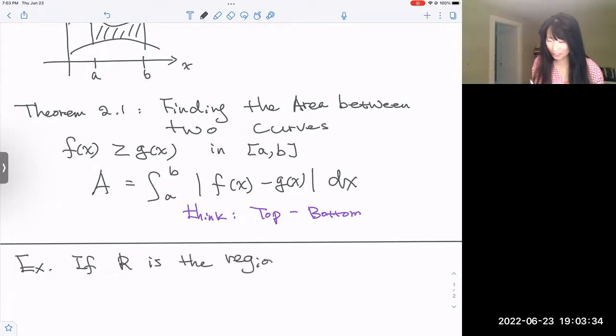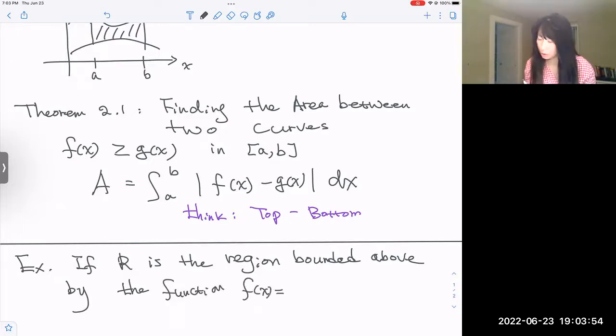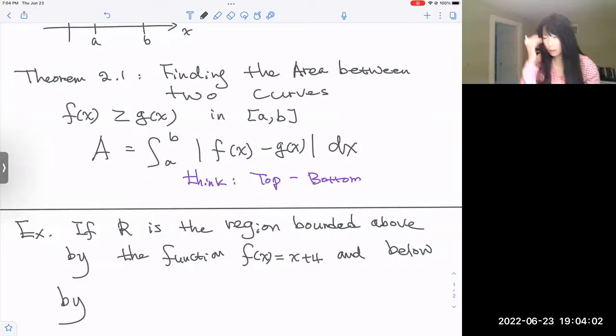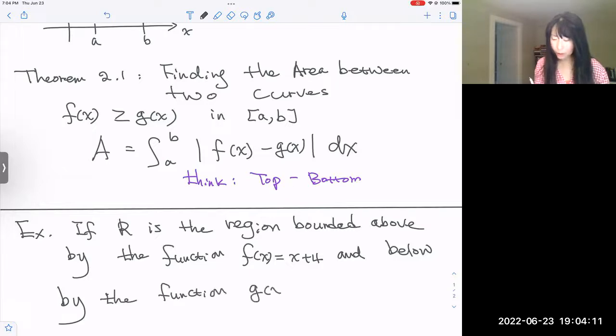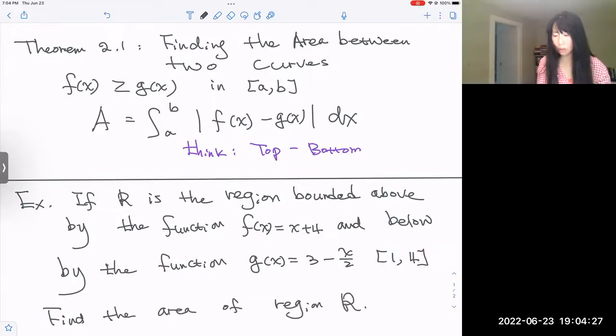Then we have a region bounded above by the graph of the function, let me say the function f of x equal to x plus 4, and below by the function g of x equal to 3 minus x over 2, on 1 to 4. Find the area of region R.